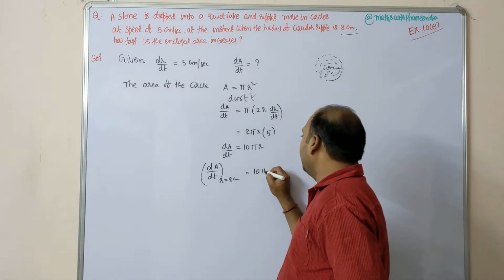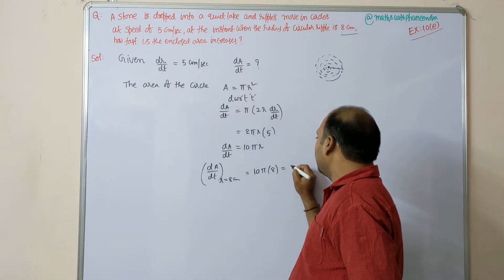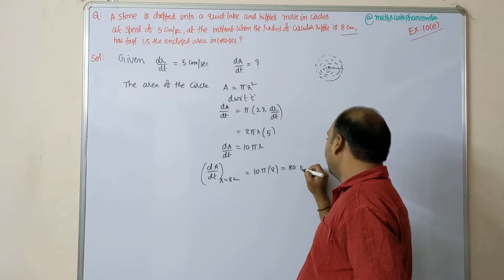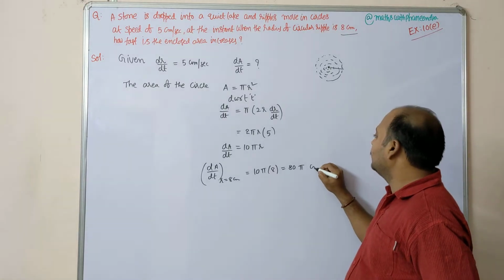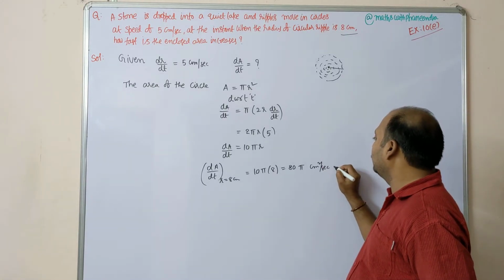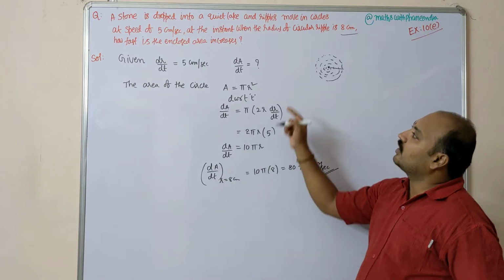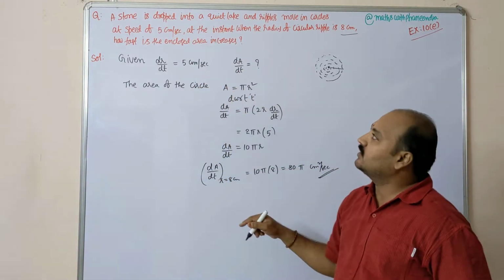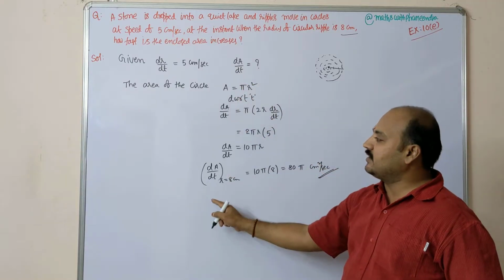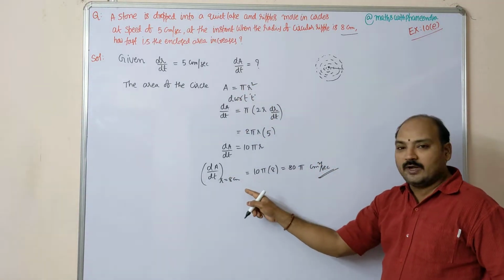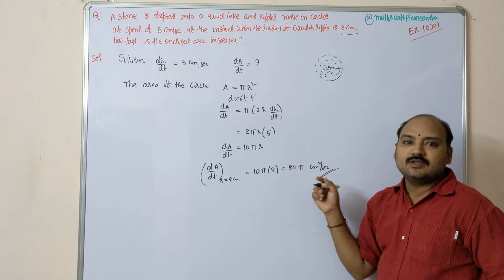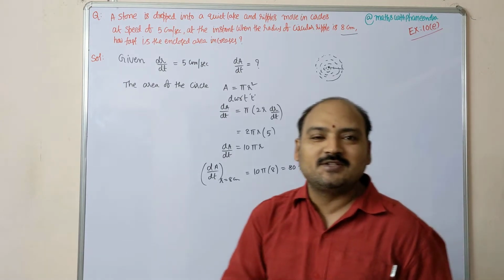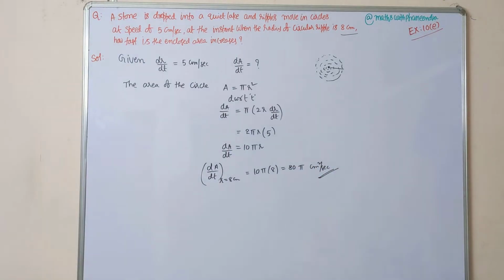So 10 pi into 8, that is equal to 80 pi centimeter square per second. Therefore, how fast is the enclosed area increasing when r is equal to 8 centimeters? It is 80 pi centimeter square per second. This is the way, students. We'll move on to the next question.